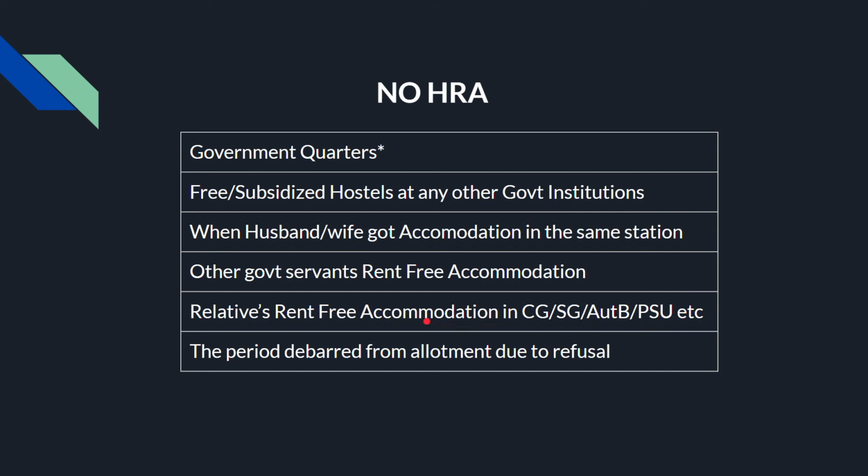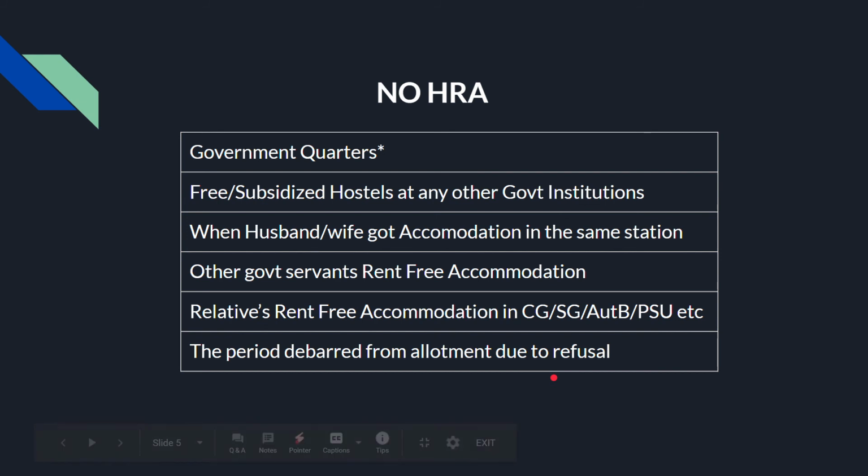Okay, and in another case, the period debarred from allotment due to refusal. You are a government employee and you got government quarters allotted to you as you requested, but because of some other reasons, you refuse the government quarters allotted to you.